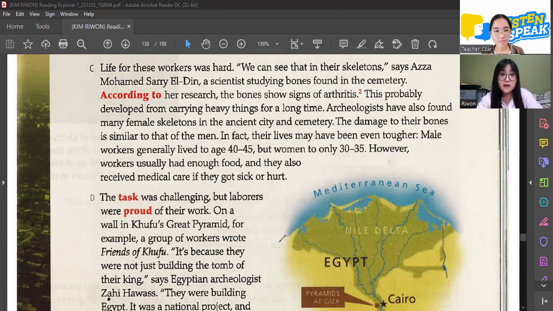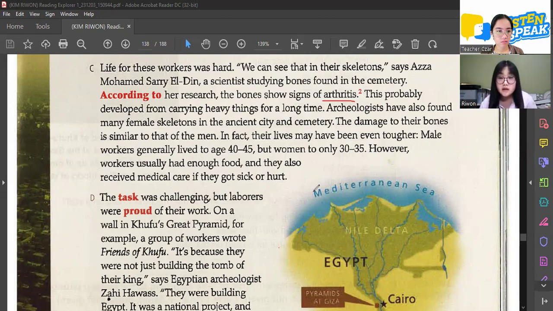According to our research, the bones show signs of arthritis. There are probably many female skeletons in the ancient city and cemetery.